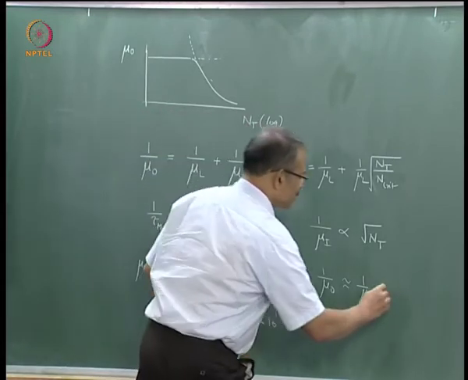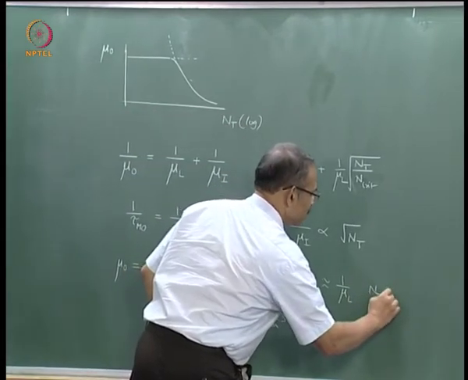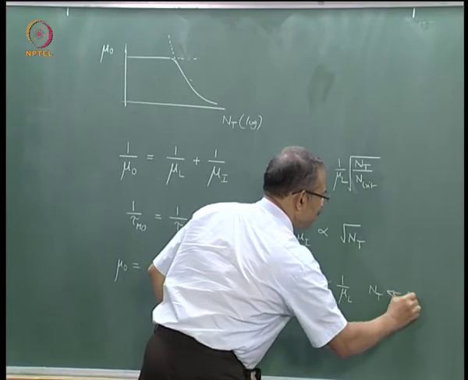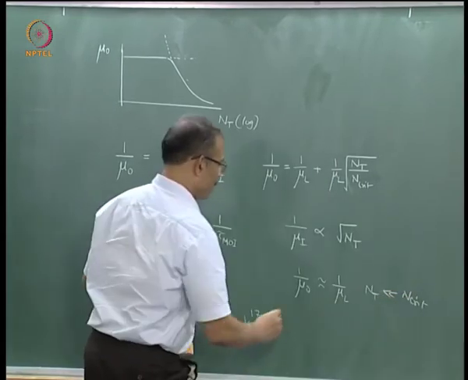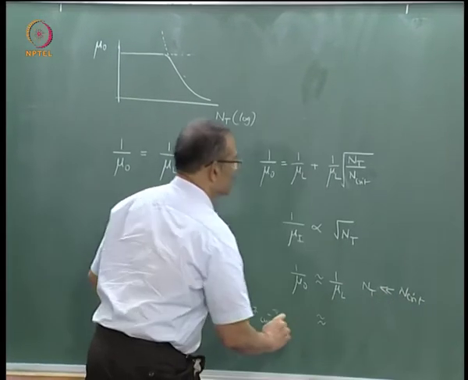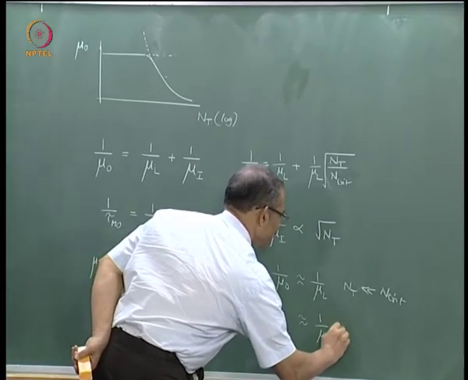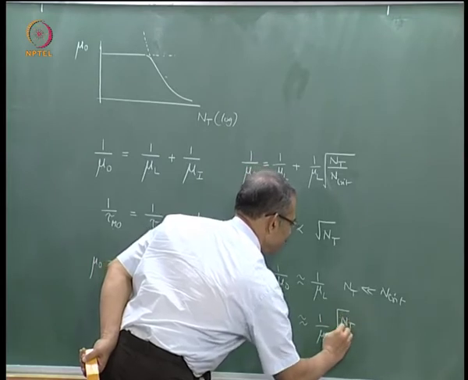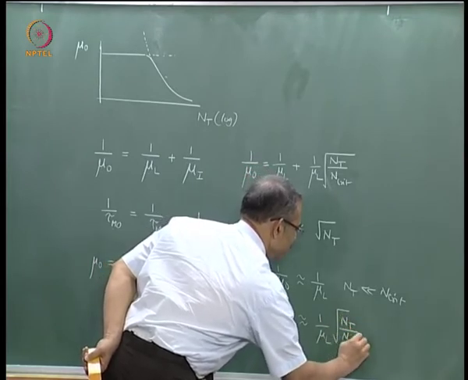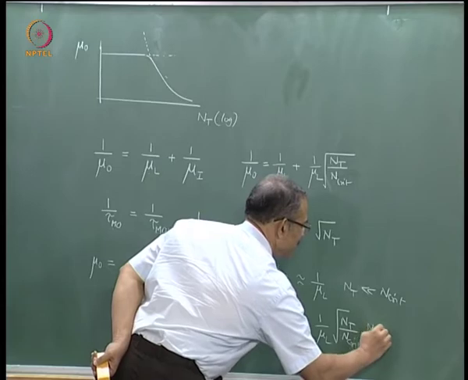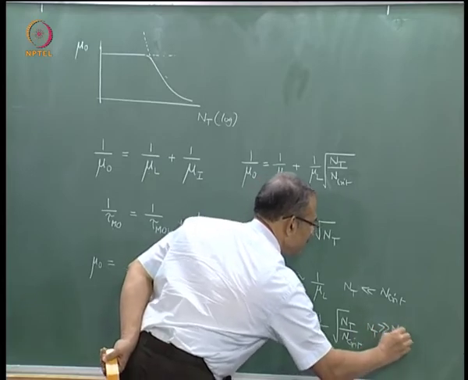And on the other hand, this is for nt small, so nt much less than n critical, and it is approximately equal to 1 by mu L into square root of nt by n critical for nt much greater than n critical.